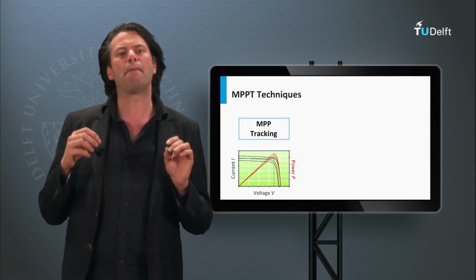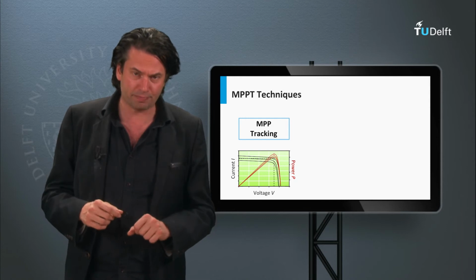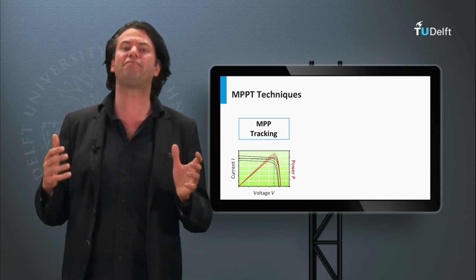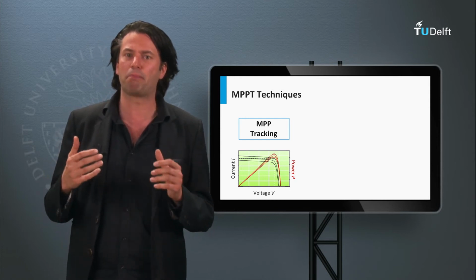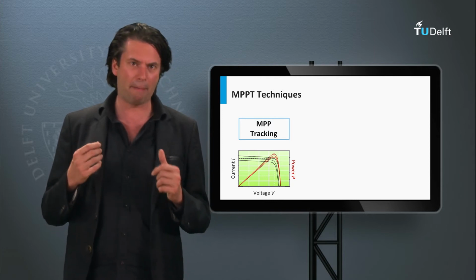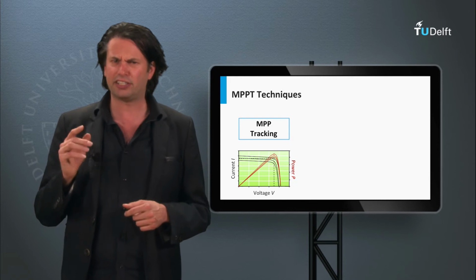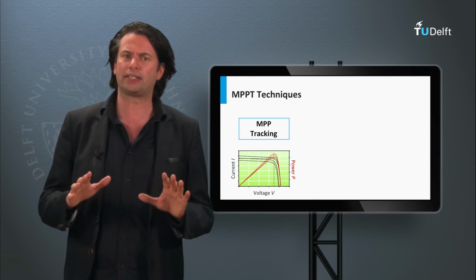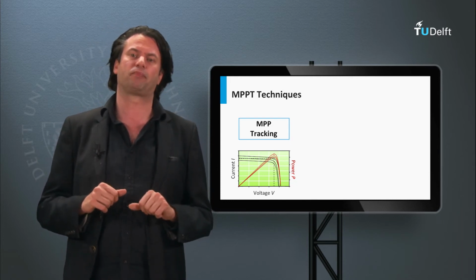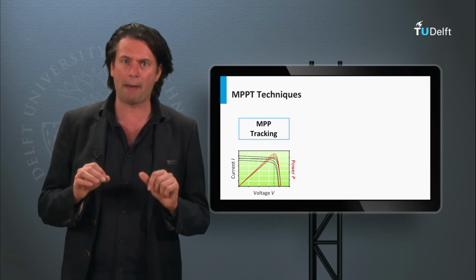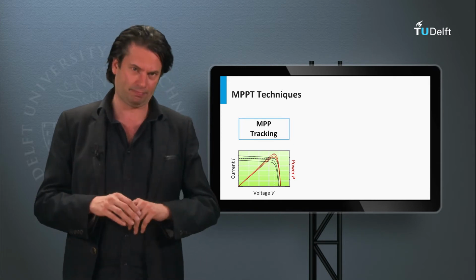So how do these MPPT devices work? An MPPT device is nothing but a hardware implementation of an MPPT algorithm or algorithms. There are several algorithms to track the MPP effectively. These are also called MPPT techniques.